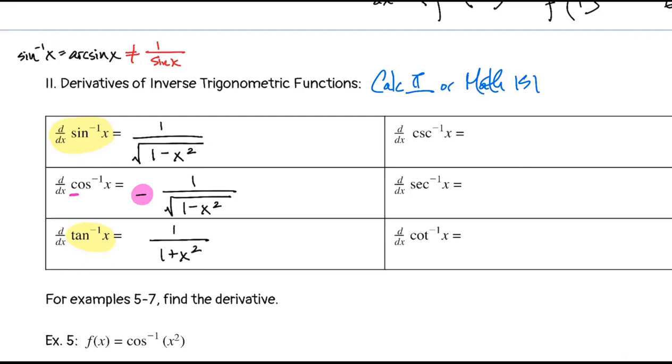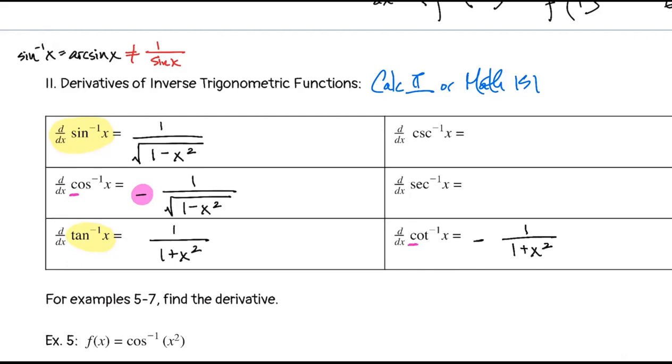Well, knowing that, what are our guesses for the derivative of inverse cotangent? Yeah, it's going to be the negative of the tangent one, negative 1 over 1 plus x squared.